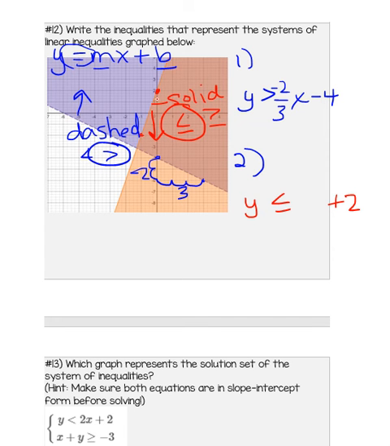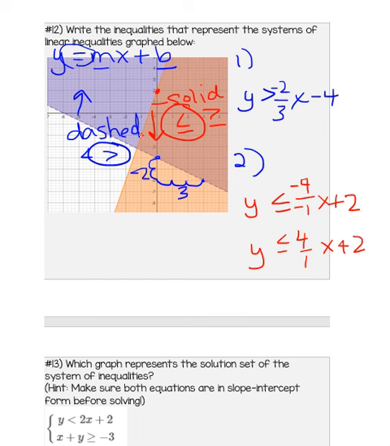So if I go down 1, 2, 3, 4 and over -1, okay, so I went down 4 and over -1. So I went negative in both directions. So really I'm having a positive slope of 4 over 1, or you could just put 4 plus 2.